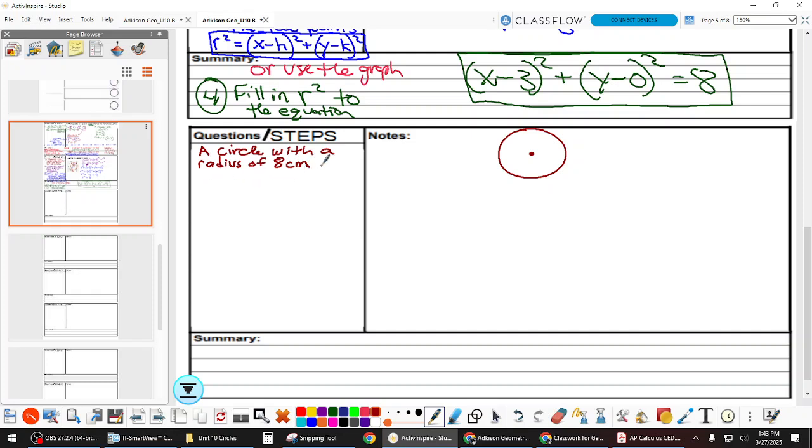And then let's say has an arc that measures, and we're going to put 115 degrees. Okay?